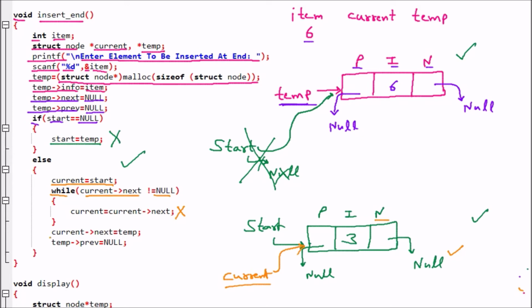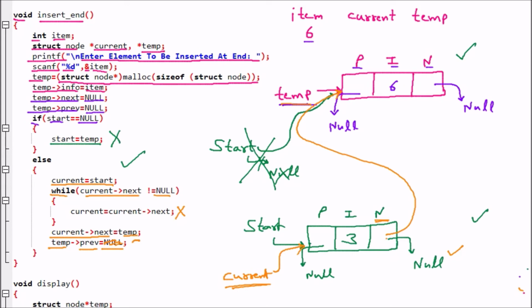Now here current next is equal to temp, so current next, this one, equal to temp, and temp is here, so this node is now connected like this. Now temp previous is equal to null. Talking about the temp previous, one thing will be added.